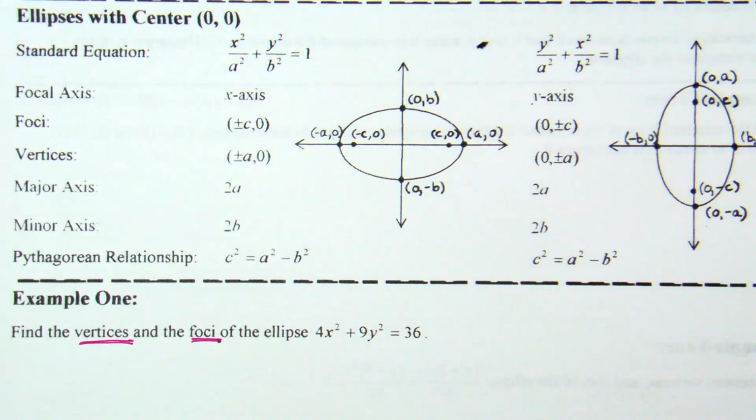Am I in standard form? Am I in the form of a standard equation? No, because a standard equation has to equal what? 1. You're not in the form of an ellipse if your equation does not equal 1. How do I make this equation equal 1?